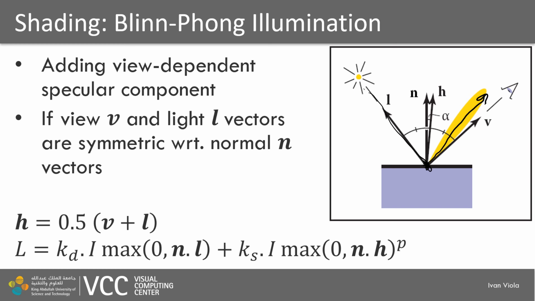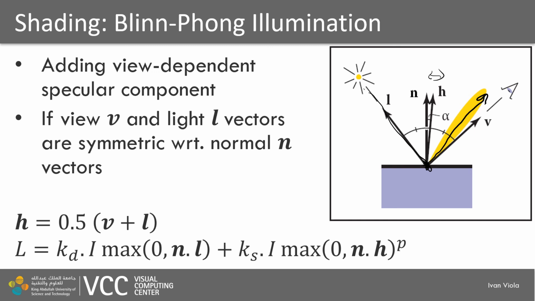And the closer this halfway vector is to the normal vector, the higher the specular component magnitude should be, because ideally the halfway vector between light and view direction is aligned with the normal vector, is parallel to it, and the more it deviates, the less and less specular component the surface point will have.